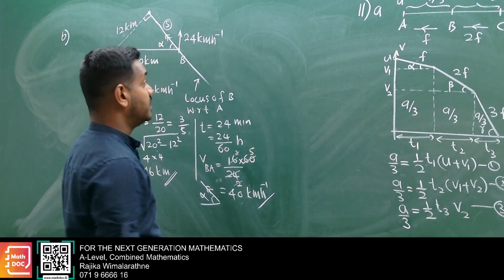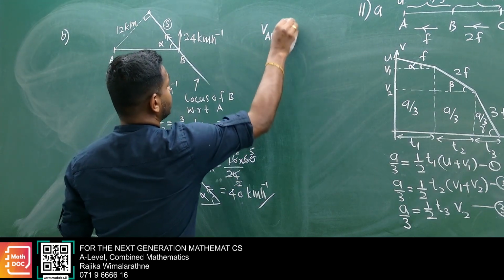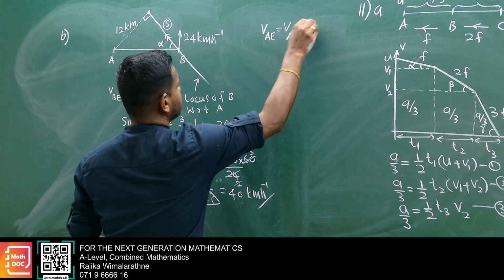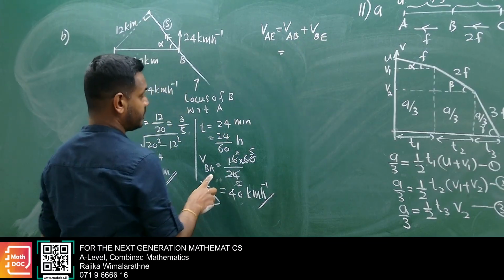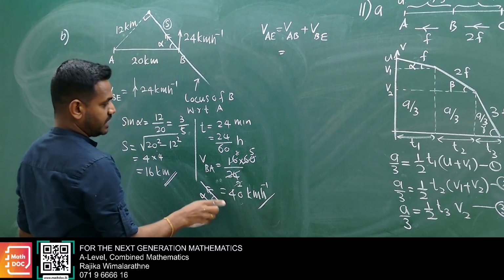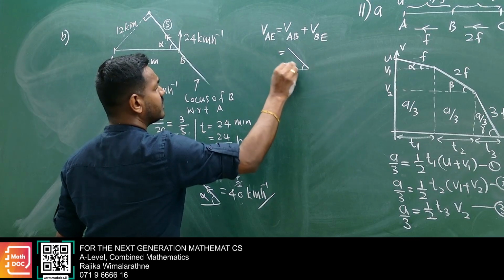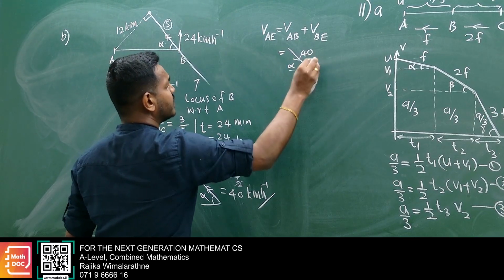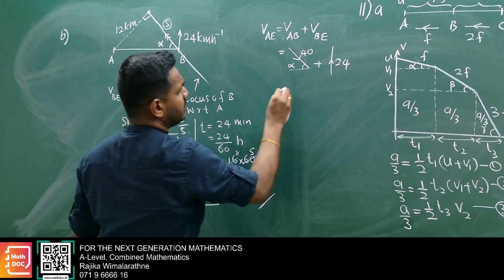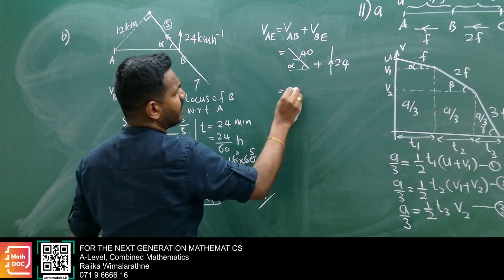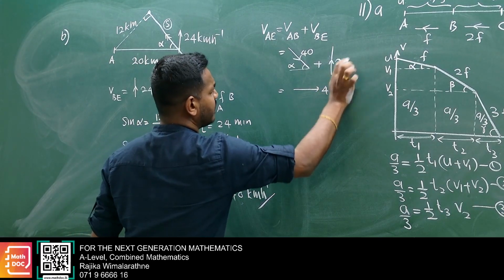Velocity of A with respect to Earth equals velocity of A with respect to B plus velocity of B with respect to Earth. Velocity of A with respect to B is in the opposite direction, 40. Here 40, and upward 24. Now here 40 sin alpha, 40 cos alpha.